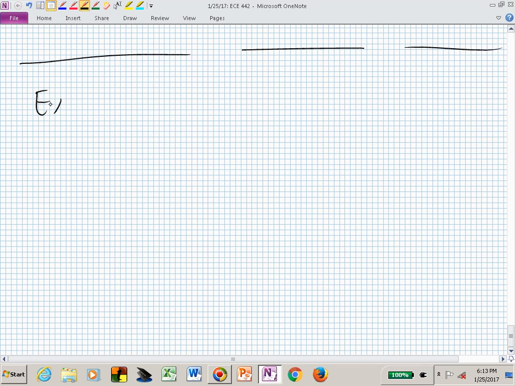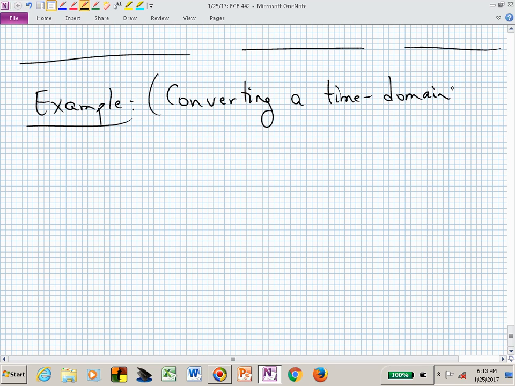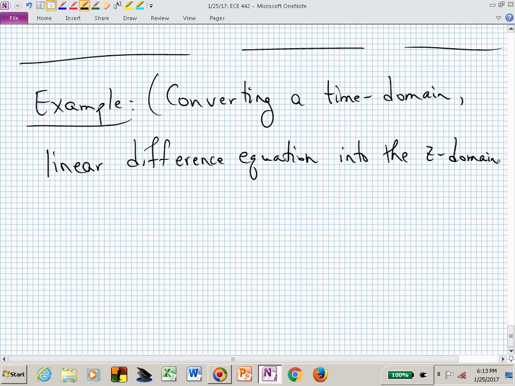Let's now look at an example where we are converting a time domain linear difference equation into the Z domain to actually find a transfer function.